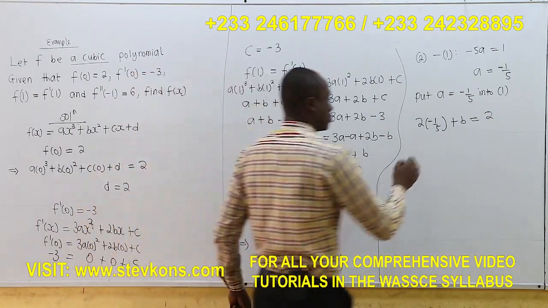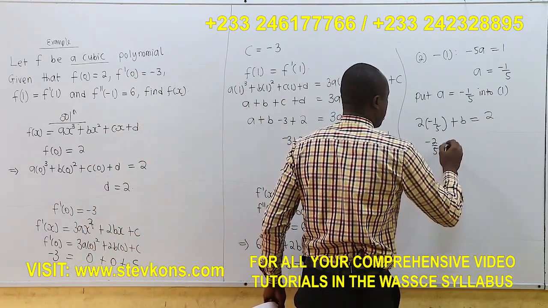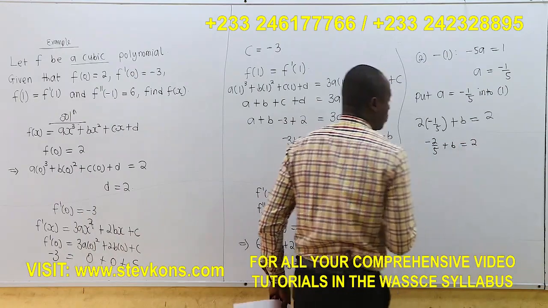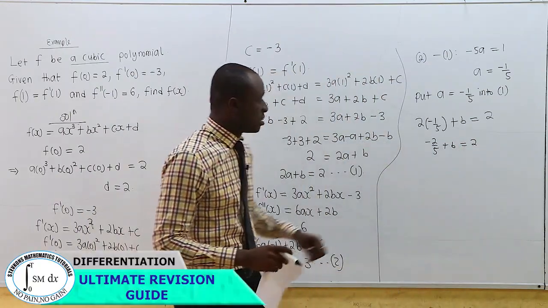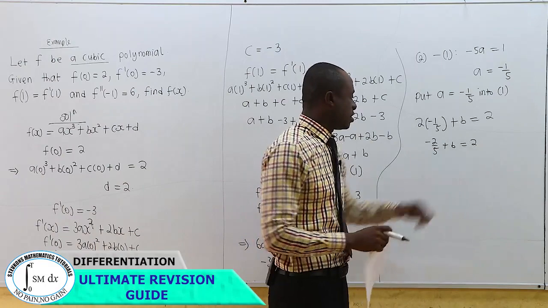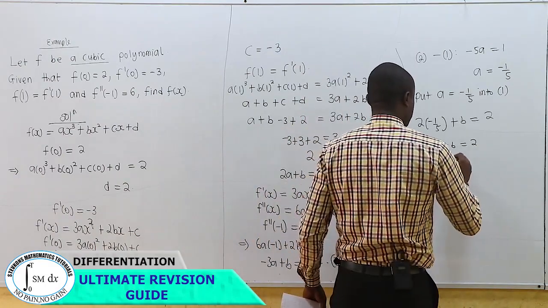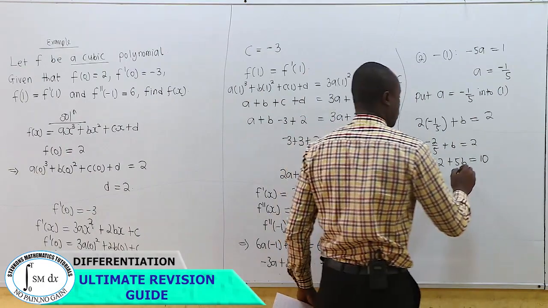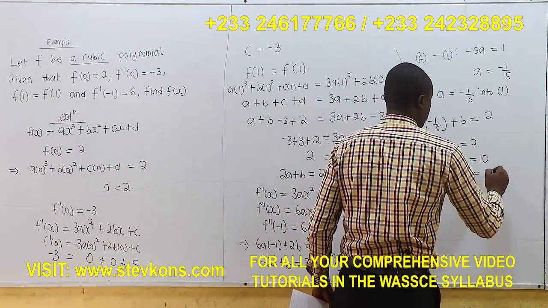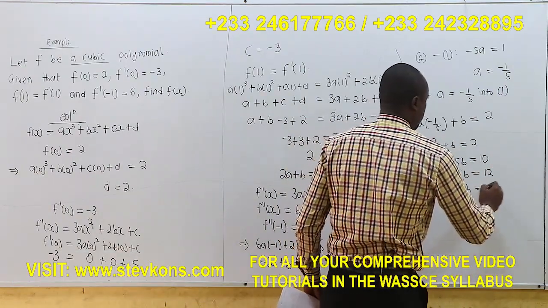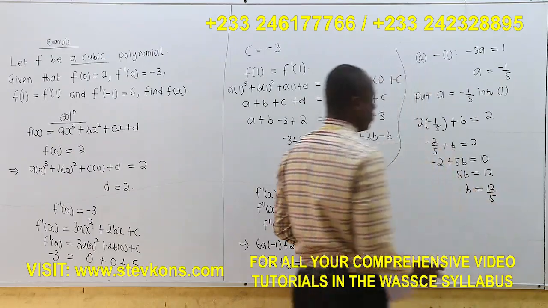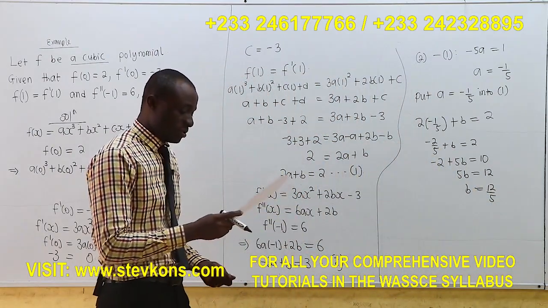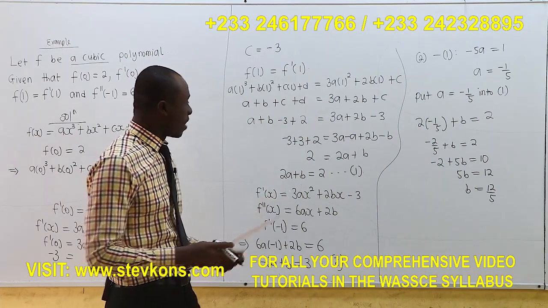So we have negative 2 over 5 plus b equal to 2. What's the LCM? LCM is 5, so this times 5, this times 5, this times 5. So that will be negative 2 plus 5b equal to 10. 5b will be equal to 12. This moving there. b is 12 over 5.